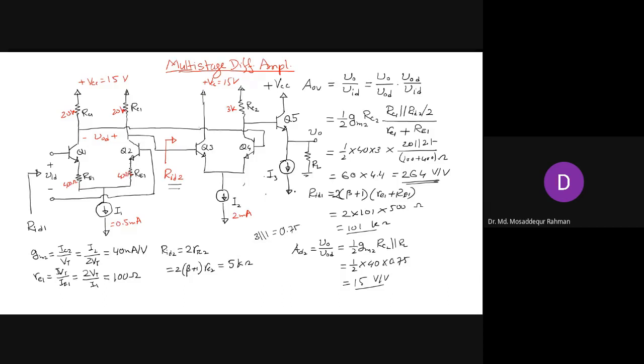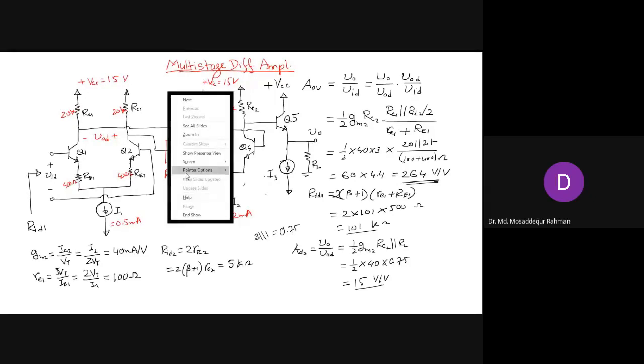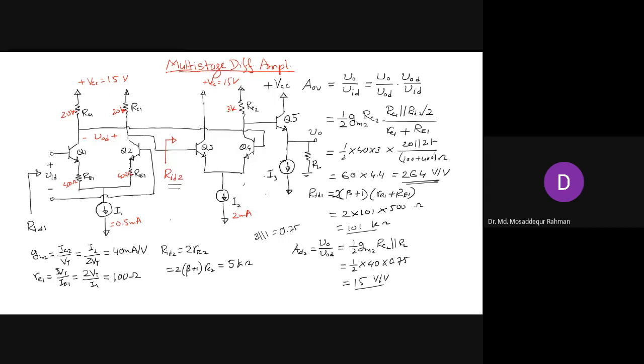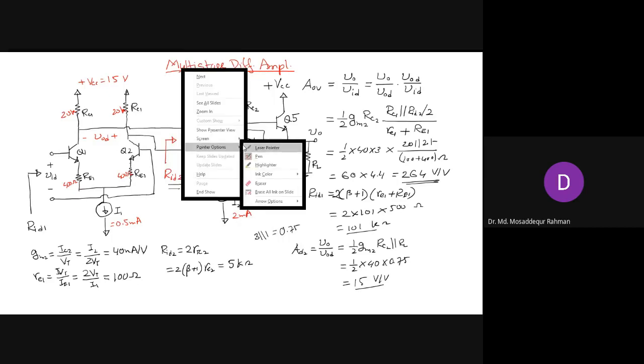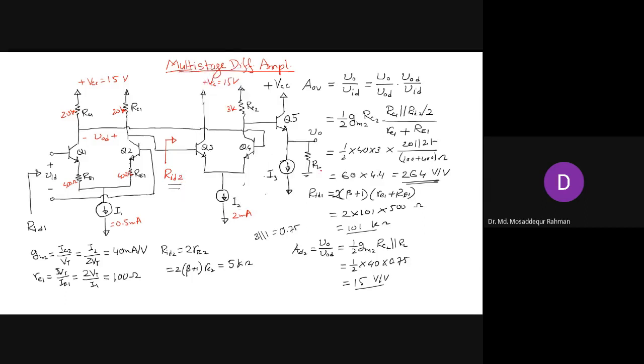Is that clear, guys? Yes, sir. Now, what is the gain after we connect the buffer? In order to find the gain, see what comes in parallel with RC. Before, we had RL in parallel with RC.